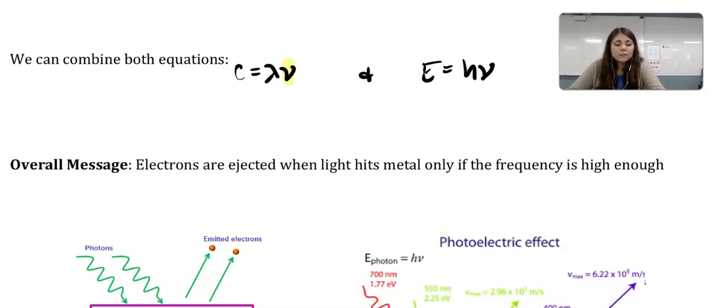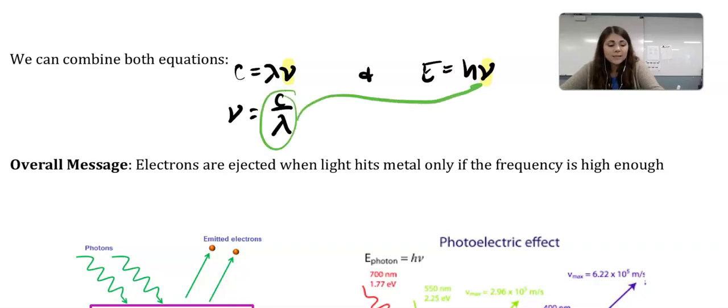Frequency is a variable in both equations. If I rearrange this one to get frequency by itself, I get c over wavelength. This can be plugged into energy equals Planck's constant times frequency to make a new equation, E equals hc divided by wavelength.